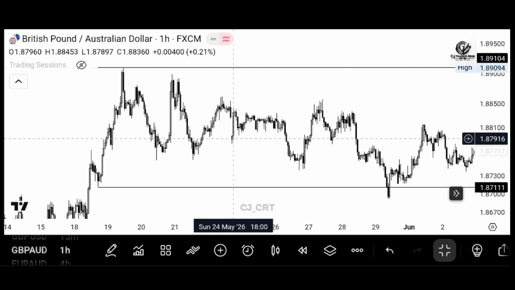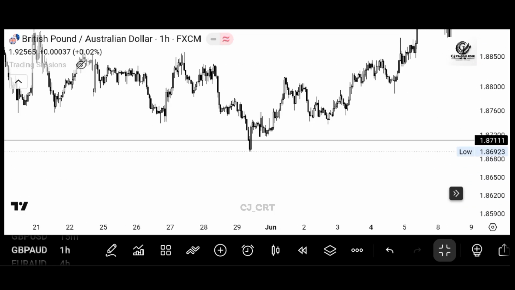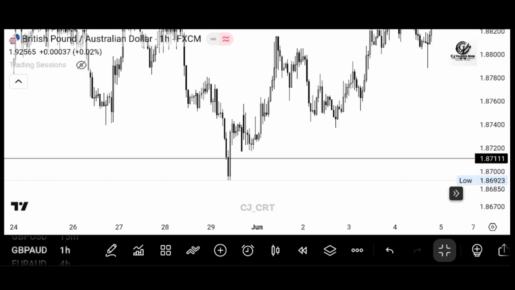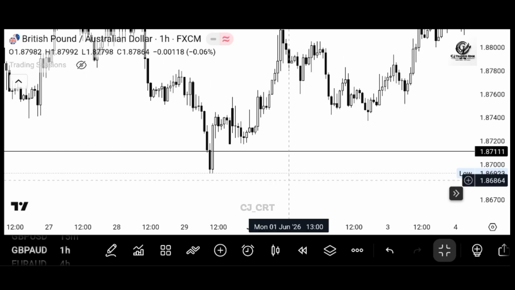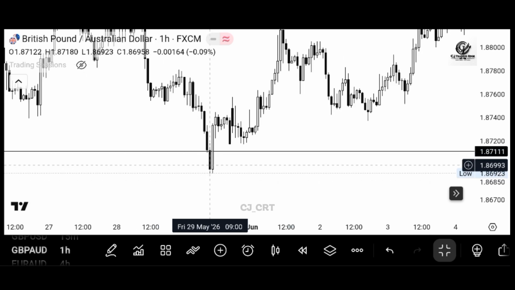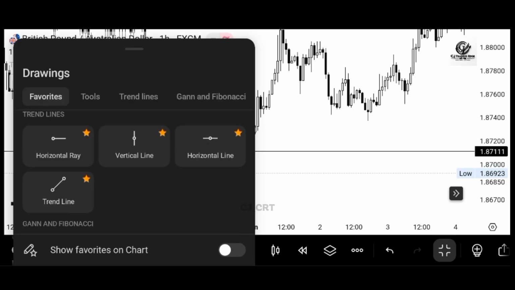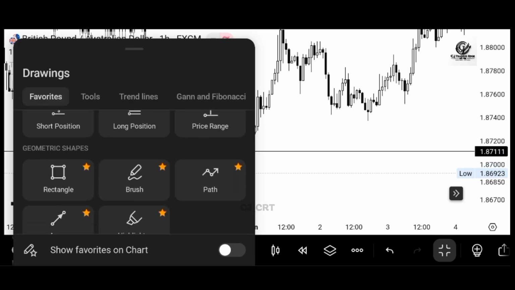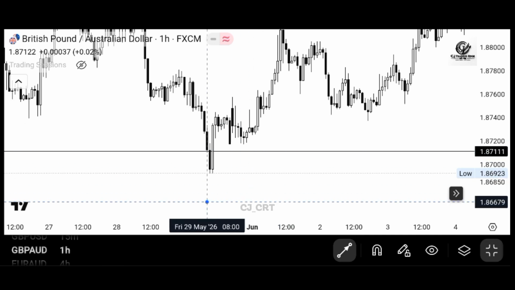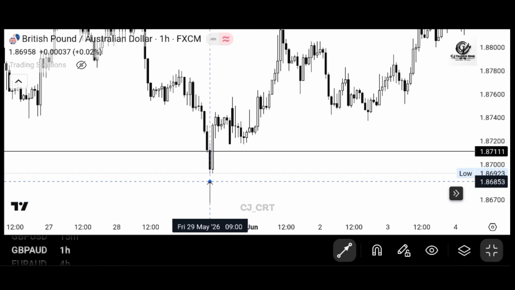And once that happens, what do you do? You look for your mode 1 entry, which is the tick down close candle. And as you can see, this is the tick down close candle. This is the tick down close candle.